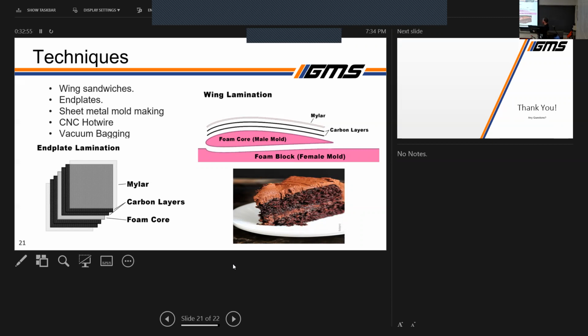Then on top of that, we stack layers of carbon fiber, typically 2. It really depends on if it's a structural part or not. More plies typically makes it a bit stiffer, which can be nice. But for the wings, we only use 2 plies because it gives us a good surface finish as well as the properties that we need structurally.